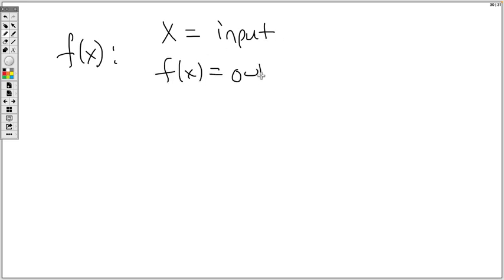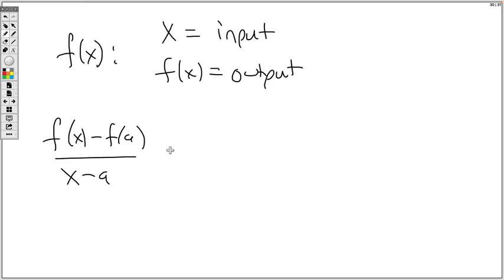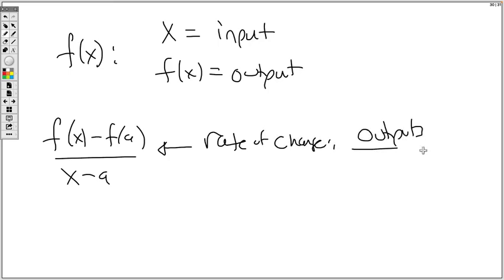So in general, if I look at f of x, I think of x as the input and f of x as the output. And so when you look at any of these slopes, like f of x minus f of a over x minus a, this is a rate of change of outputs to inputs.